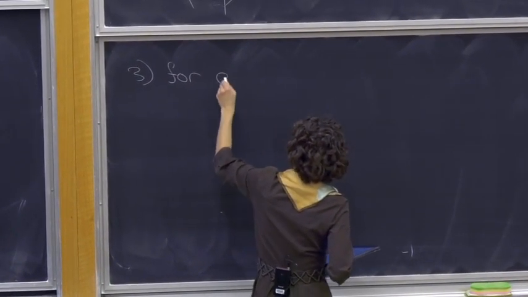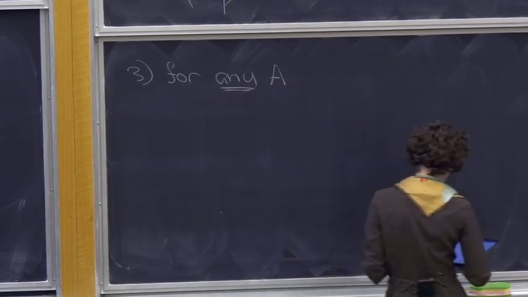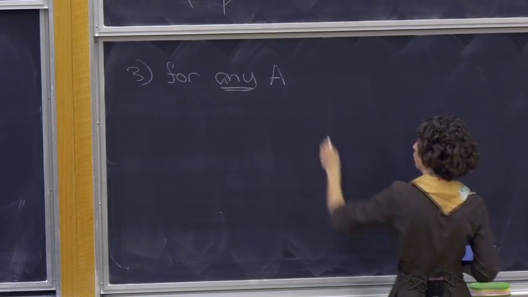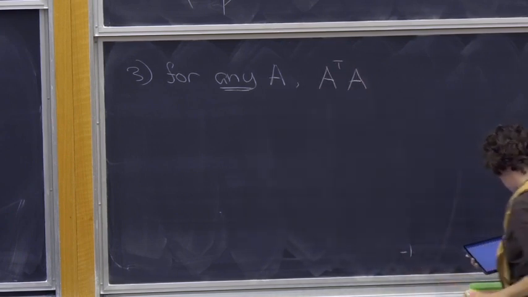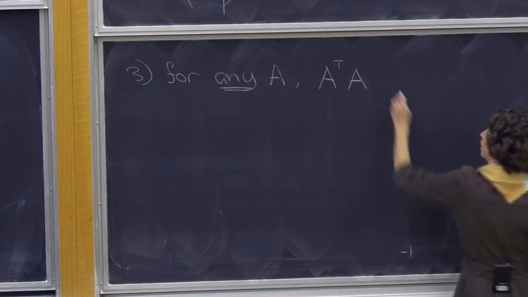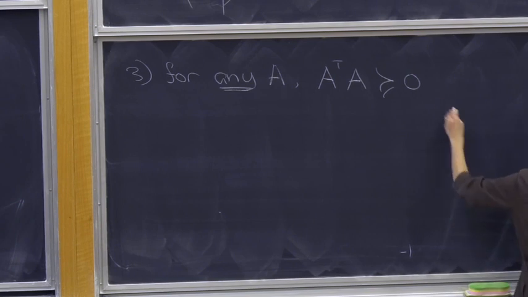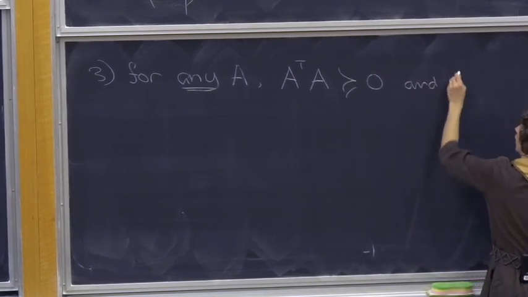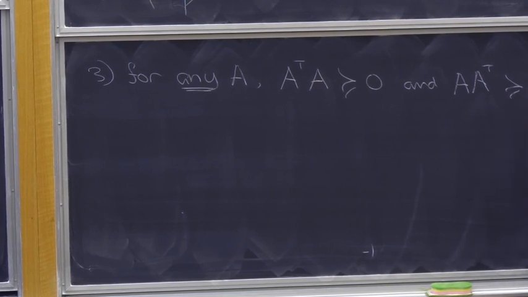Now for any matrix A at all, square, rectangular, no matter what, if we look at the product of A transpose times A, that is always positive semi-definite. And similarly, A A transpose is always positive semi-definite.